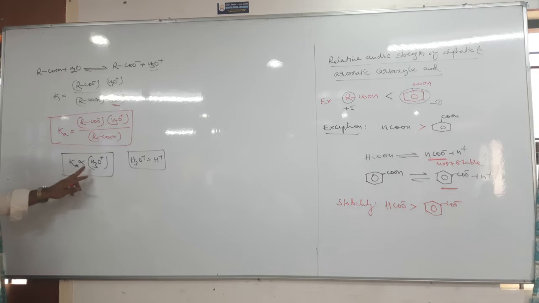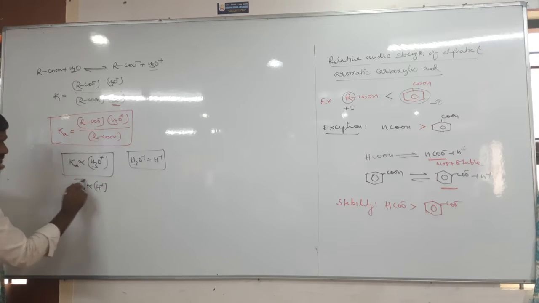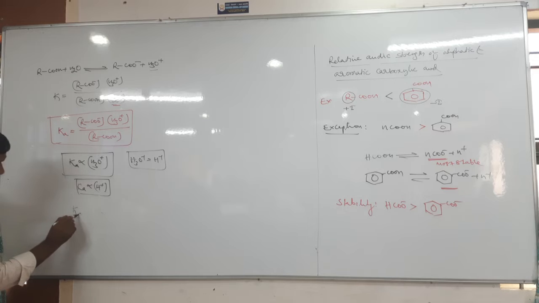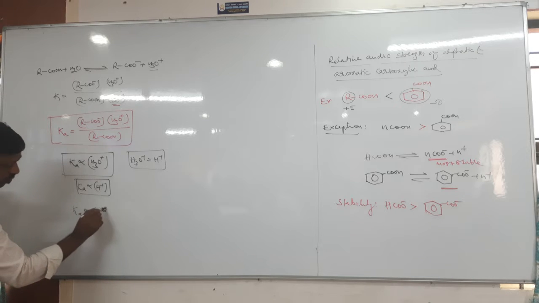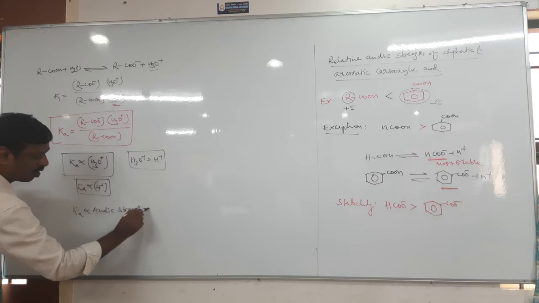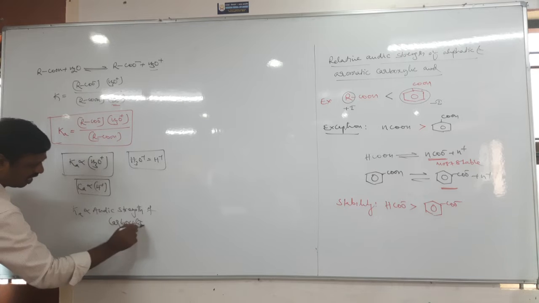So Ka is also directly proportional to H plus, but H plus ion is directly proportional to what? Acidic strength. Therefore finally you can write Ka is directly proportional to acidic strength, of not only carboxylic acid, any acid.